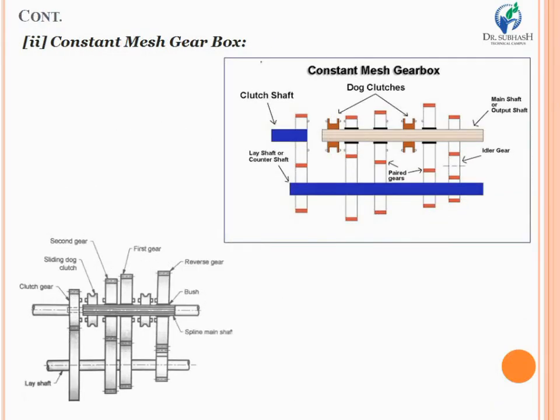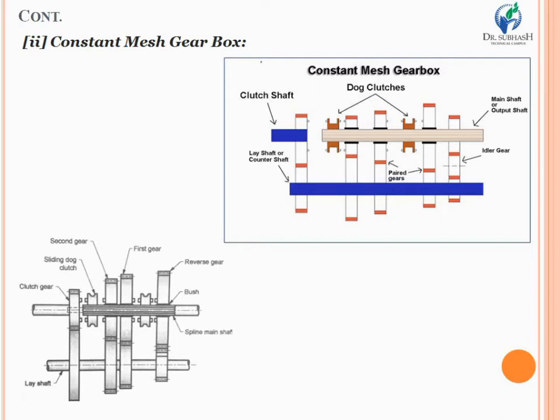After the sliding type of gearbox, there is one more type of gearbox, and that is the constant mesh gearbox. Generally, in this type of gearbox, all the gears of the main shaft are in constant mesh with the corresponding gears of the counter shaft or tail shaft. So the first point that you should understand, as compared with the sliding mesh gearbox, is that in this constant mesh type of gearbox all the gears remain in meshing position with their mesh gears every time.